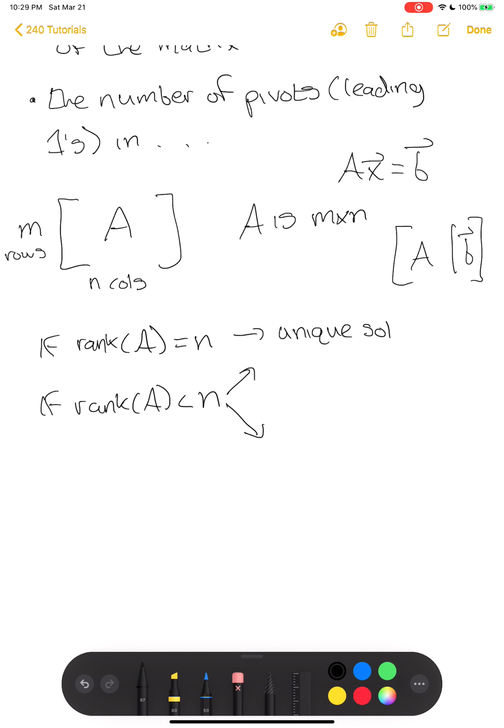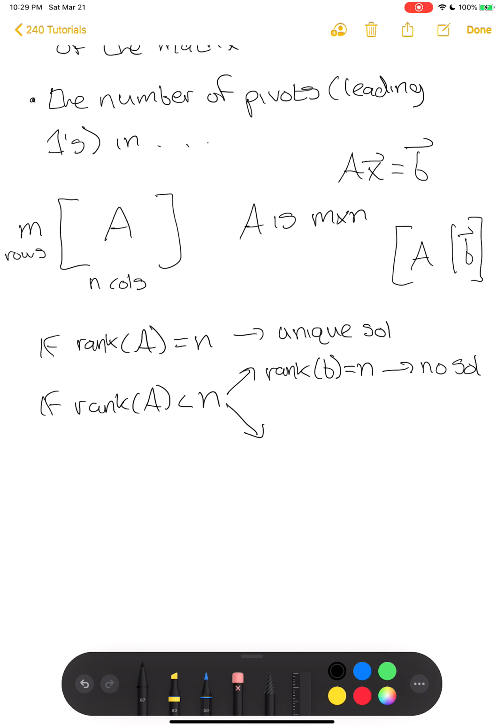It is technically a matrix, and its rank would be the number of non-zero entries. So if rank of A is less than n, and the rank of B is equal to n, then you have no solution.